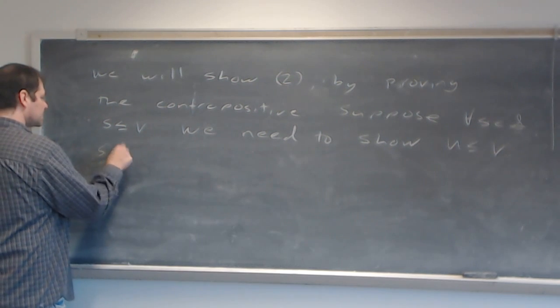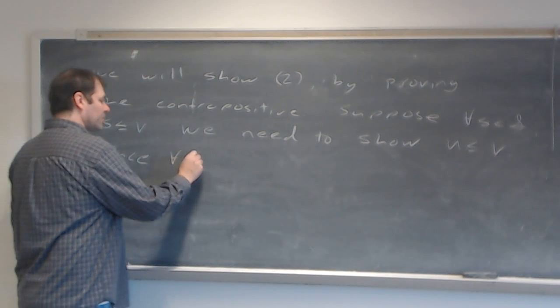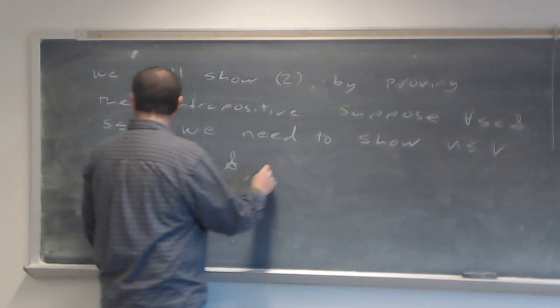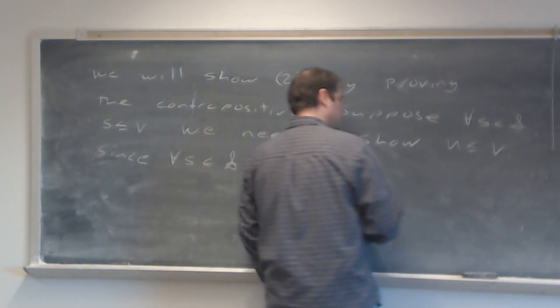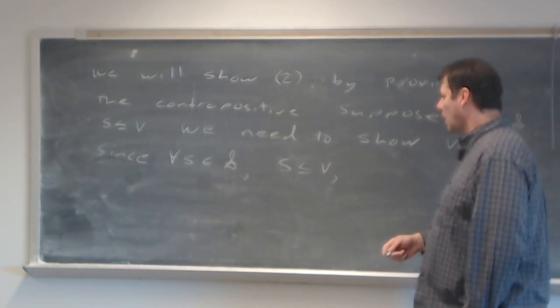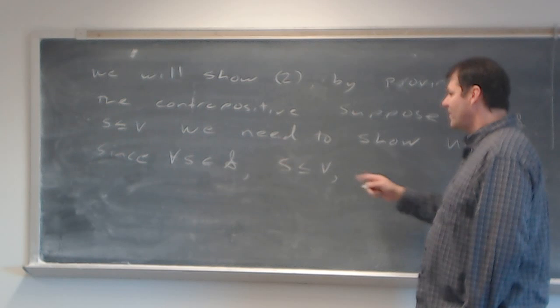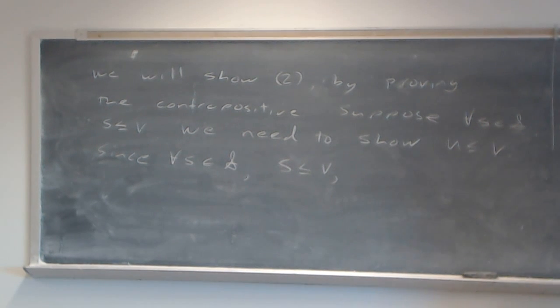Okay, well, since for every S element of script S, S is less than or equal to V, what can you tell me about V? Give yourself a second. If V is bigger than everything in S, then V is an upper bound.